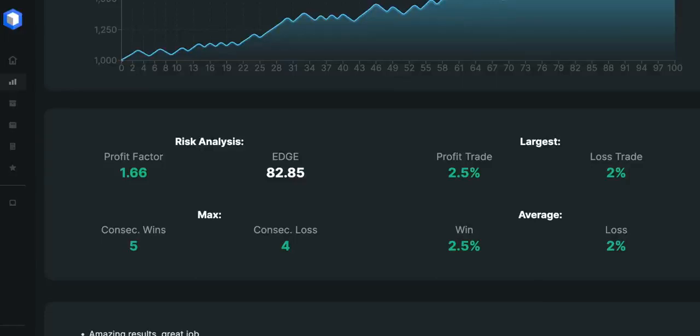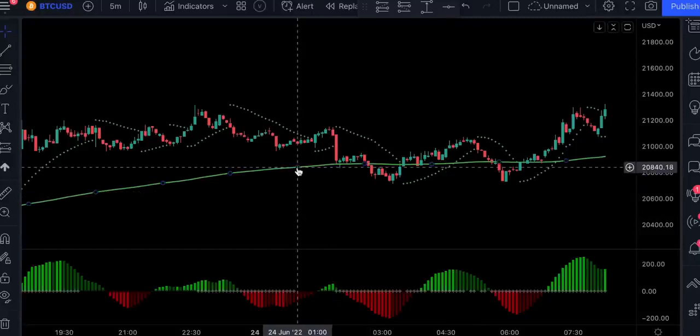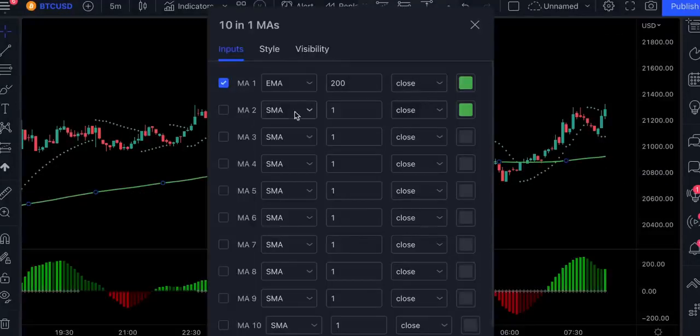However, I do believe we could improve the strategy so that it gives even better results. Okay, so I have one idea on how we can improve this strategy by eliminating even more losses when the market is ranging. For that, we first need to add a second moving average. So let's enable this simple moving average and set the length at 50. Also, let's change its color.